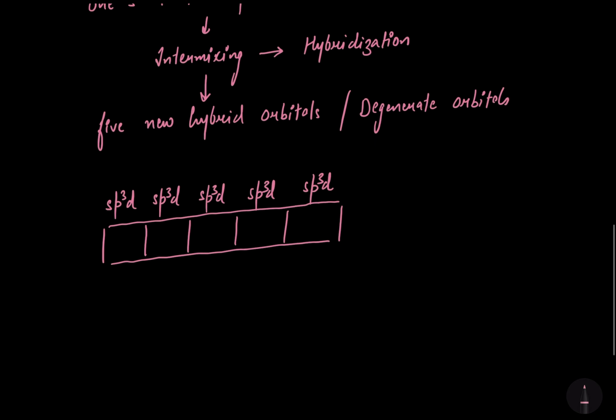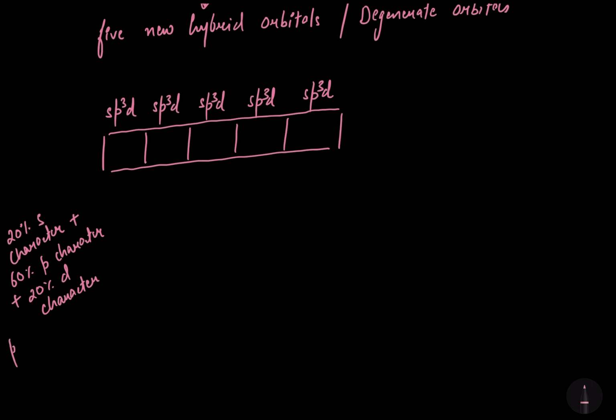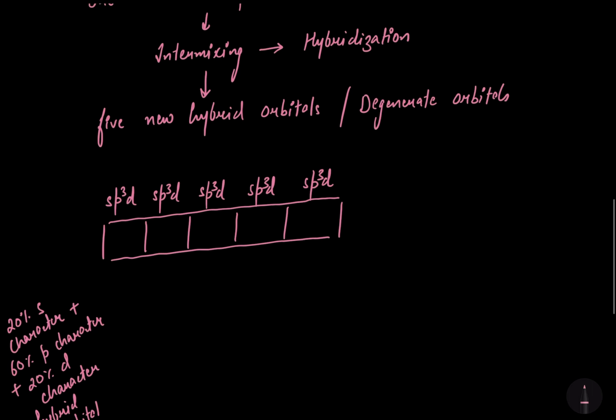So we are having 20% s character, 60% p character, and 20% d character per hybrid orbital, and in total we got the 5 new hybrid orbitals.